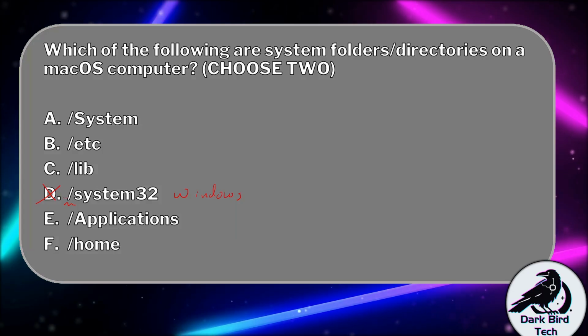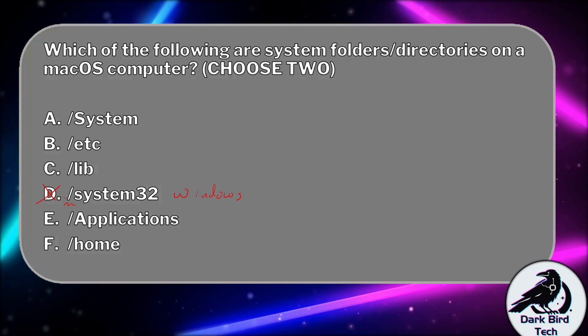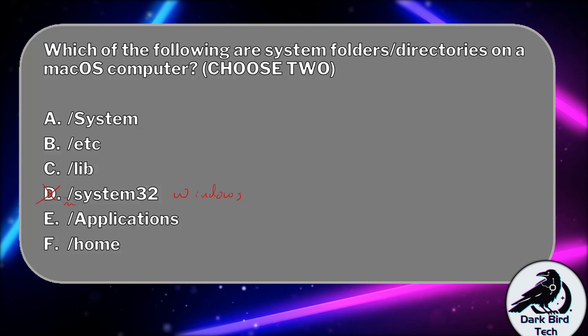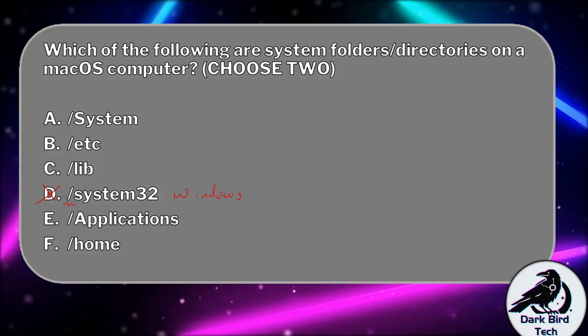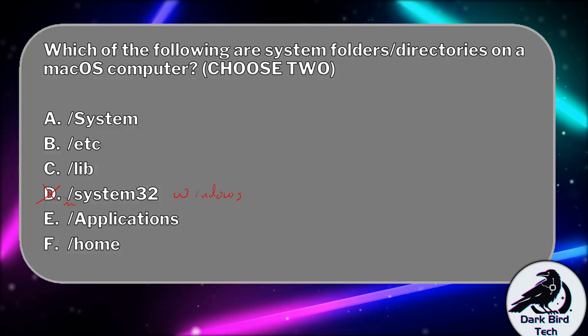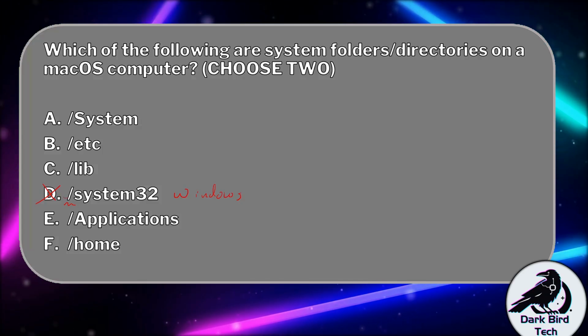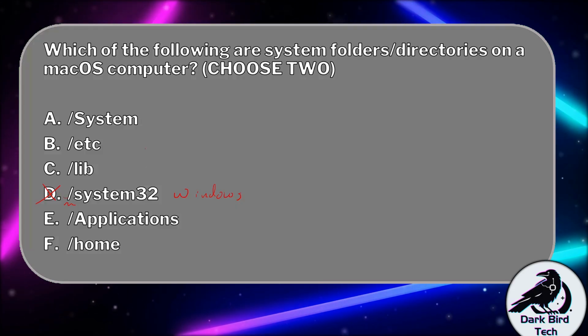Now something you want to remember about Apple is Apple wants to be user-friendly. Apple wants to be straightforward. Apple wants to make your life easier with macOS. Now, that means that avoiding acronyms and abbreviations that can be very confusing, and using technical terms is basically the opposite of what Apple wants to do. So if we look at things like etc and lib, that's not very friendly.